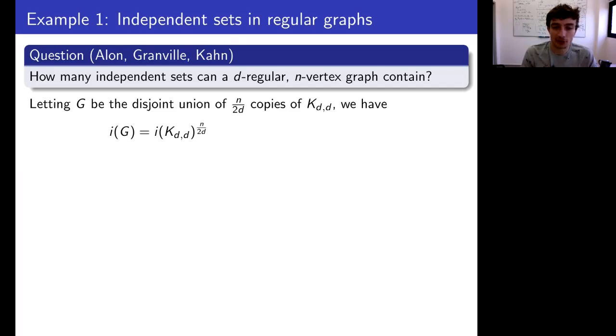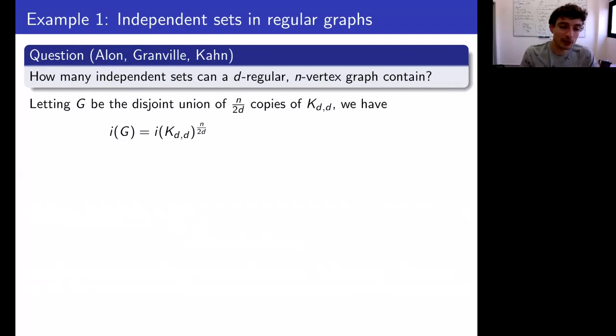Each such graph is a d-regular bipartite graph, and we take disjoint copies of it. The number of independent sets is we just choose an independent set in each of the copies. And since the copies are disjoint, any union of such independent sets will be an independent set of G. So the number of independent sets of G is the number of independent sets of K_{d,d} to the power of the number of such copies.